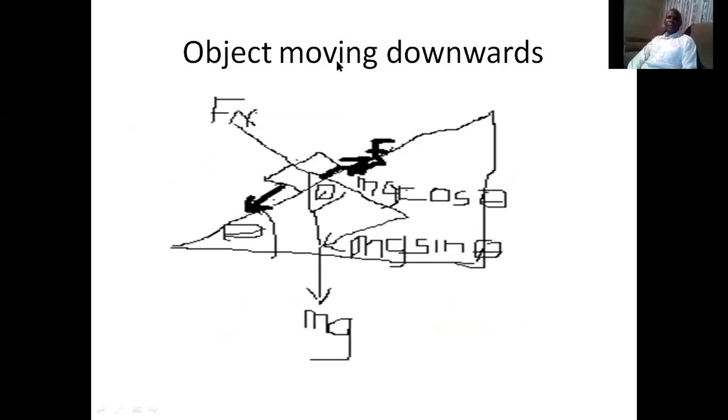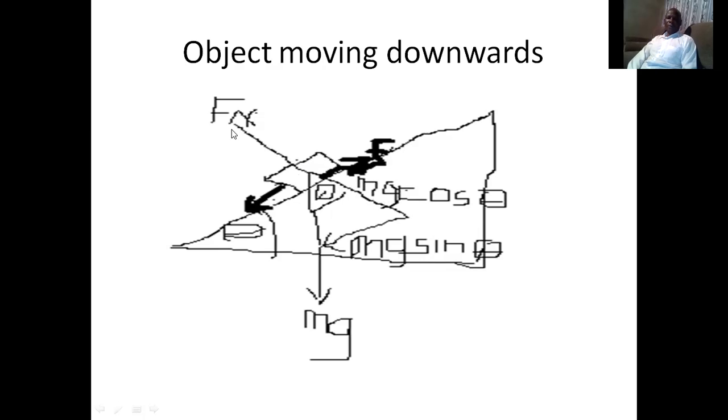And so where are these coming from? We assume that this object is moving downwards. This angle here will be equal to this angle in this right-angled triangle, so this side would be opposite to this angle, and this other side would be adjacent to this angle.